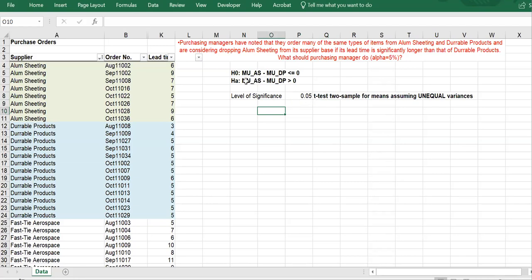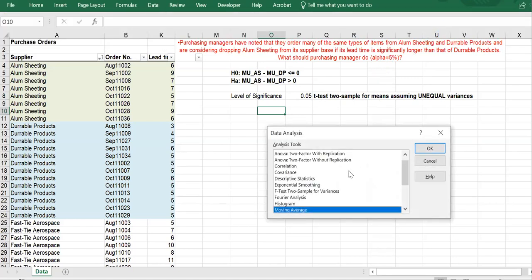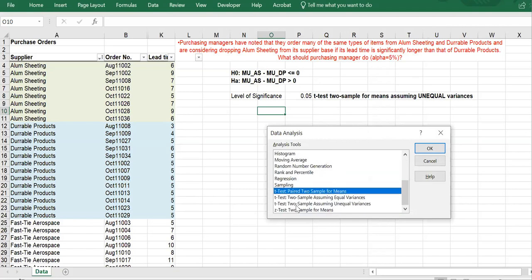We can find this test in the Data tab, Data Analysis, and just type T and then look for t-Test: Two-Sample Assuming Unequal Variances. This is the type of test that we're using.